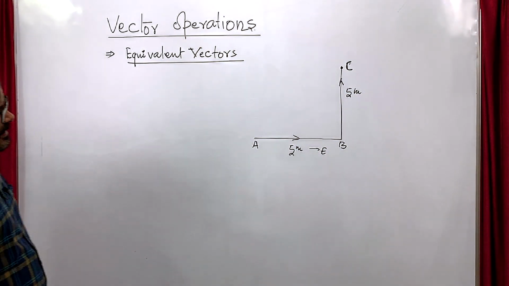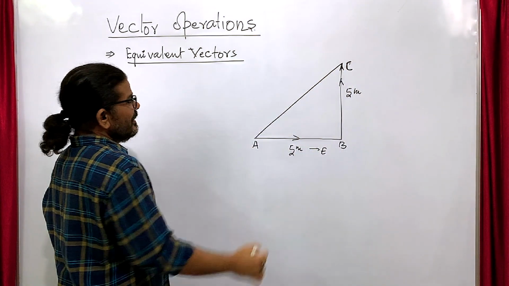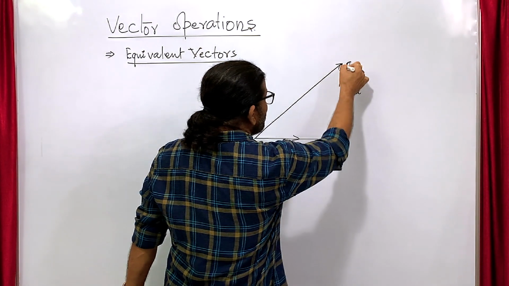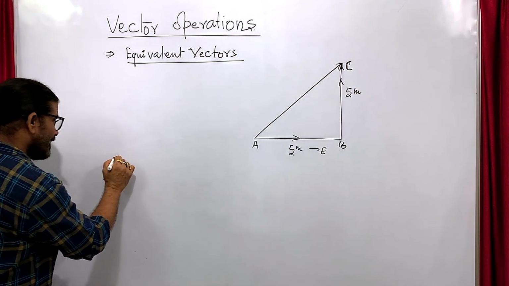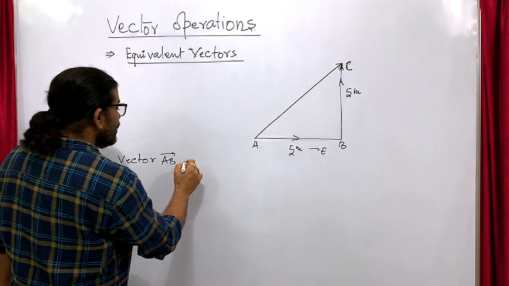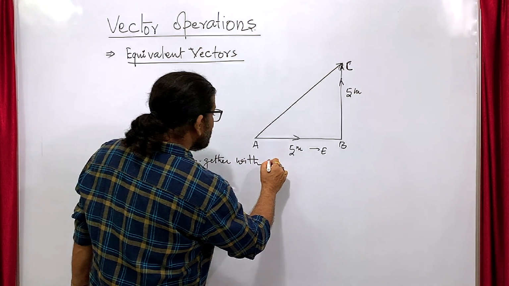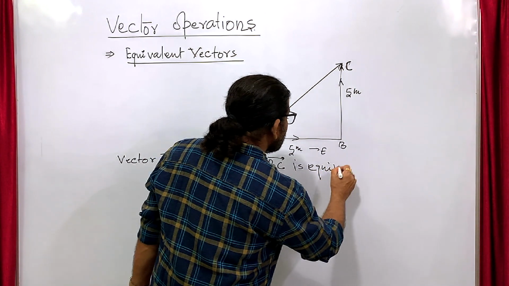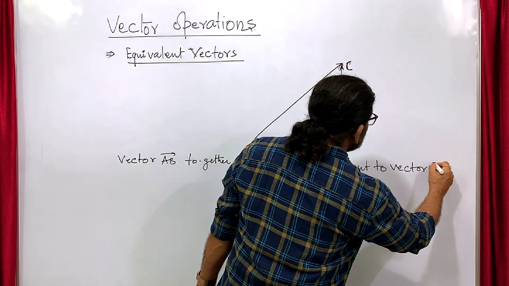Now if somebody is saying this is AC, so this plus this, it means here we can interpret, we will read it here: vector AB together with BC is equivalent to vector AC.